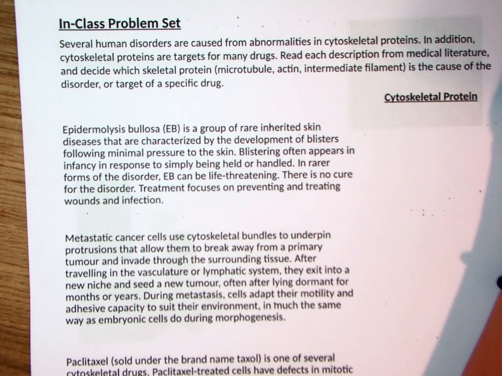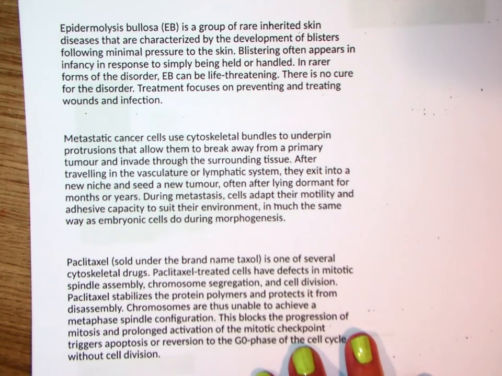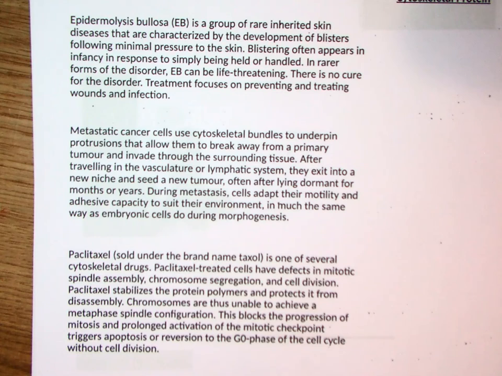Read each description from medical literature and decide which skeletal protein out of the three that we learned, microtubules, actin, or the intermediate filaments, is the cause of the disorder or target of a specific drug. Now, this was not written by me. This is really hard, and it's not going to be this difficult on the exam. So when you look at these, don't panic.